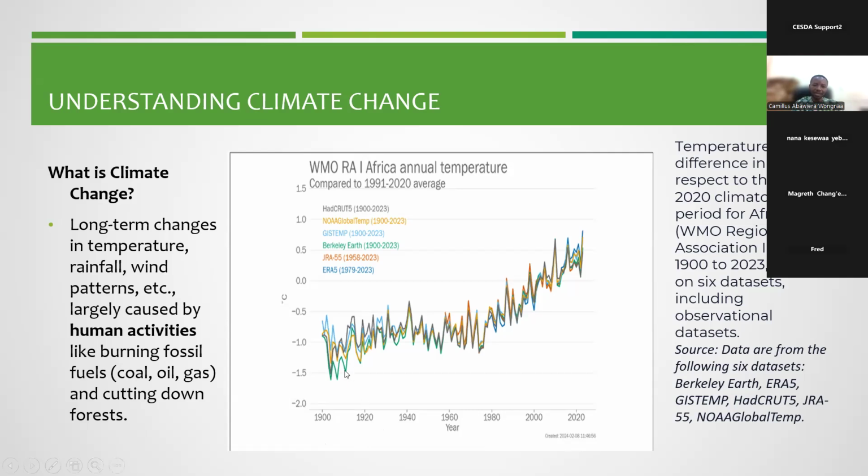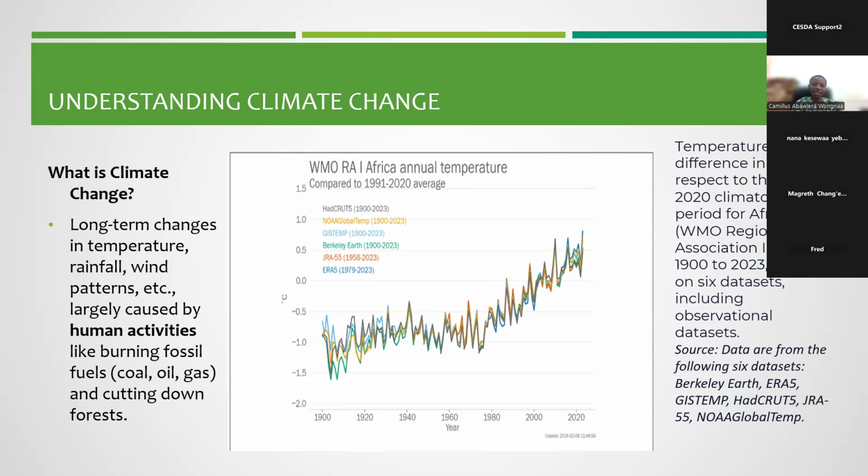If you look at the movement of the graph, you see that there's some kind of trend that over the years, temperature has been increasing. And that is what we refer to as climate change. Basically, when we talk about climate change, we are talking about a very long-term change in these climatic variables. We are talking about temperature, we are talking about rainfall, we are talking about wind and what have you. But I'm using temperature here as an example.